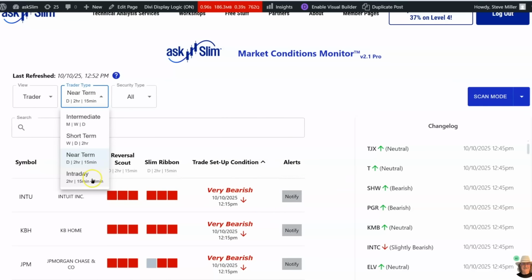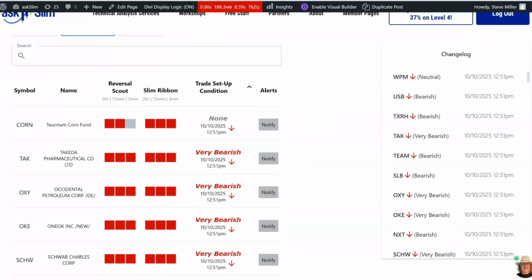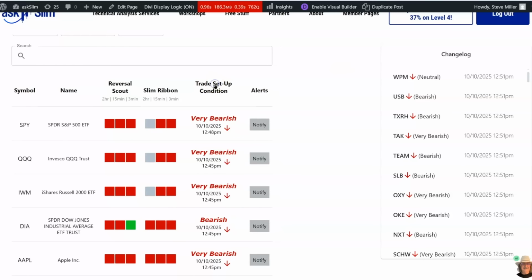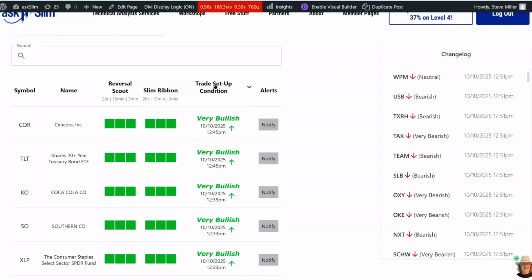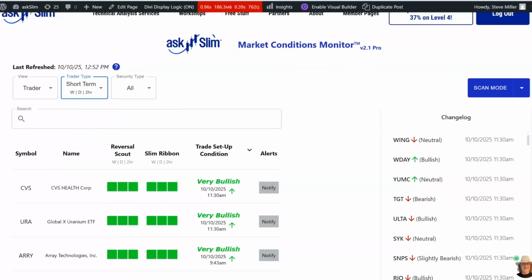If you're an intraday trader and you take level 4, then this will also help you with that and show you which ones are very bearish or very bullish based on what's going on today on the intraday right over there. So just a great application that we use, and I think just a great way to look at the market.